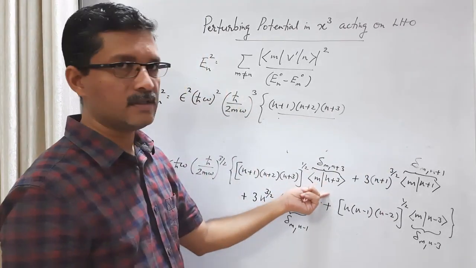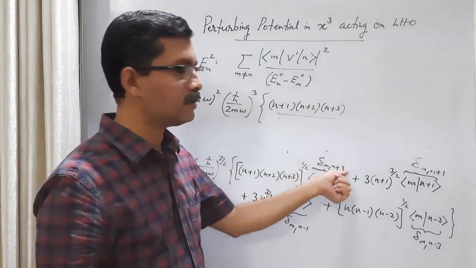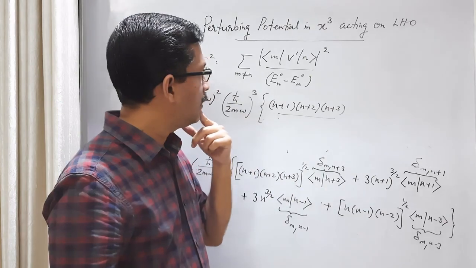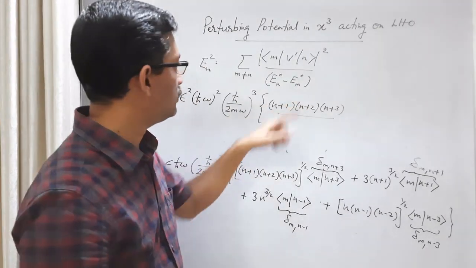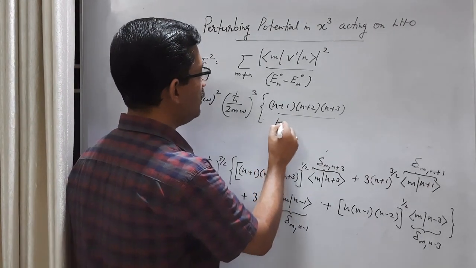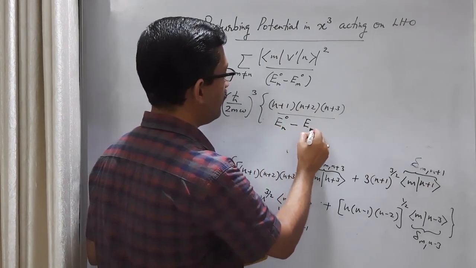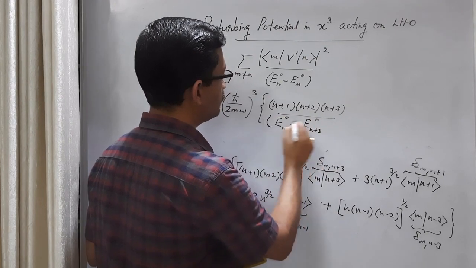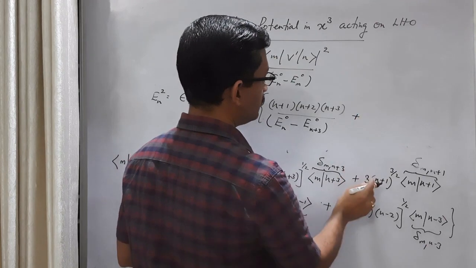So in the first series, first summation, the only non-zero term will be such that m is equal to n plus 3. So you have to put m is equal to n plus 3 in the denominator also. So in the denominator what you have is E_n^(0) minus E_(n+3)^(0).